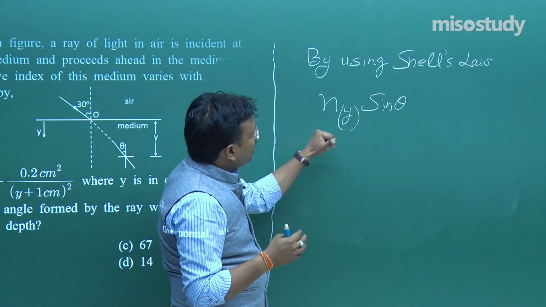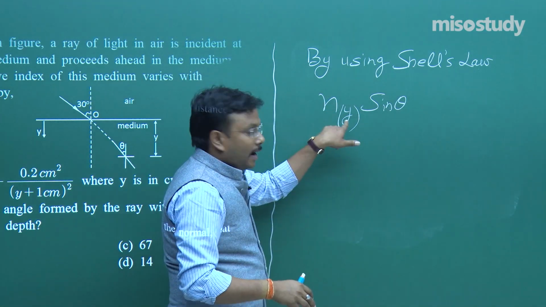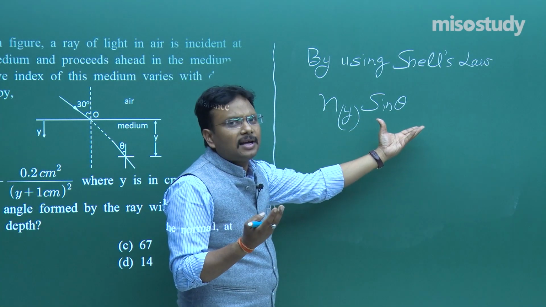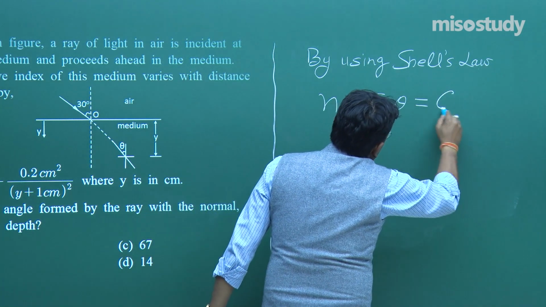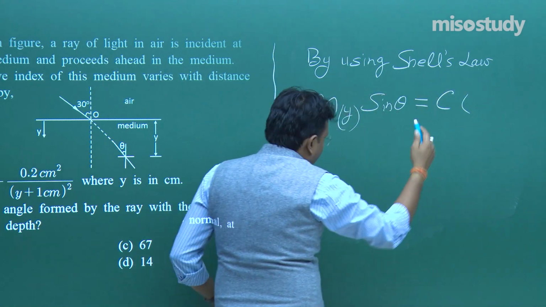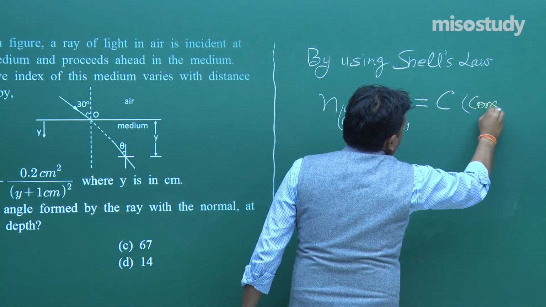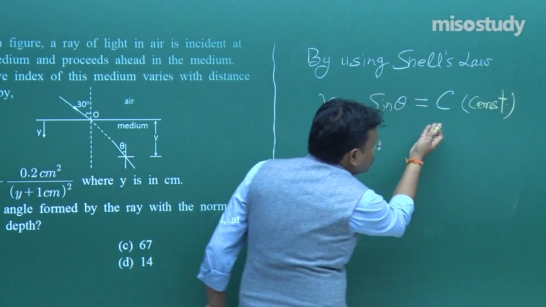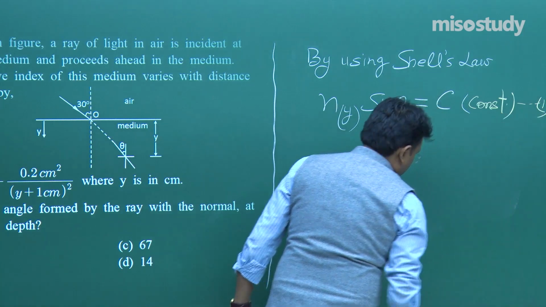Over here, what I am writing is n_y sin theta, the actual value, equal to c, and c is, let us say, any constant. Don't get confused, it is not the critical angle, it is any constant. Let us say this is equation number 1.